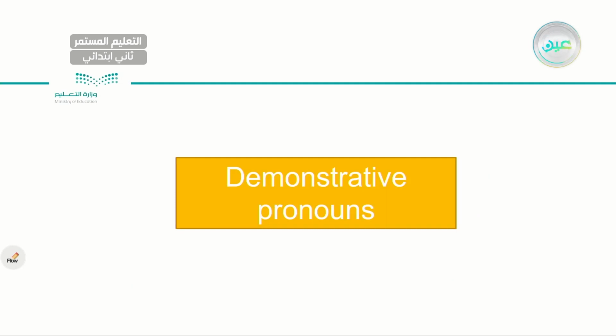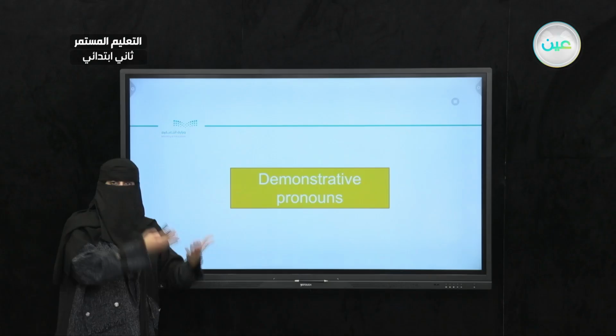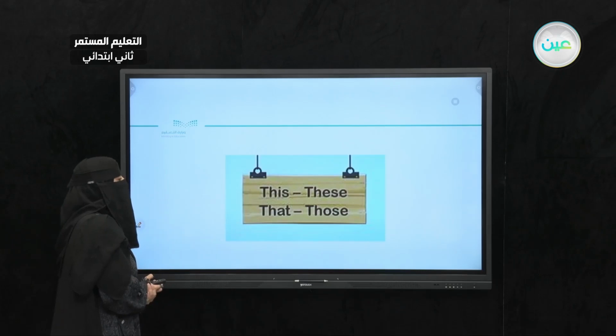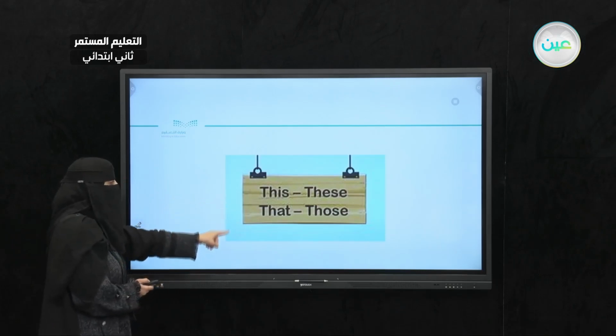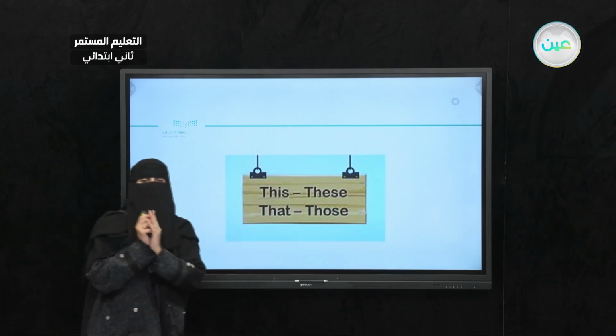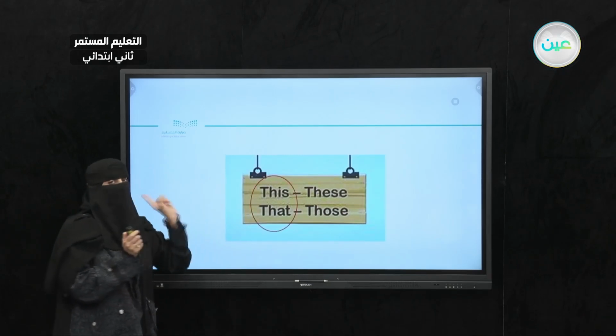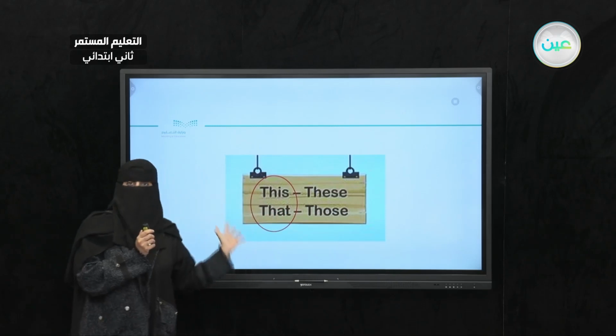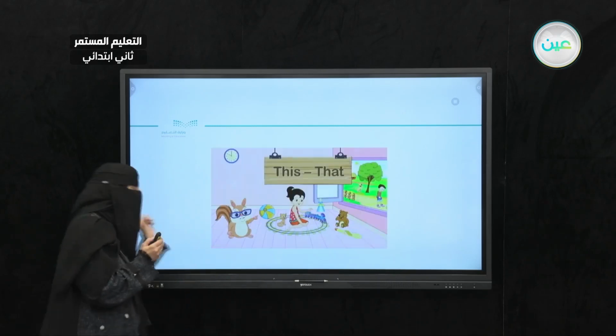Now, it's time to use the demonstrative pronouns. We already took this one, and let's have some extra activities, okay? The demonstratives we have are this, that, these, and those. Let's focus on the ones we are going to use with singular. With singular, first we will be focusing on this and that, okay? Let's start.